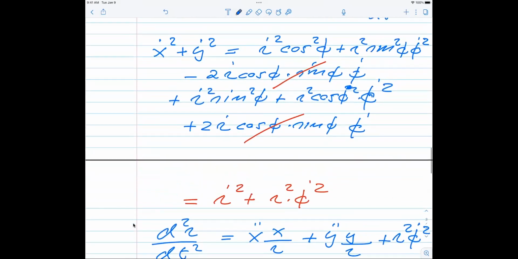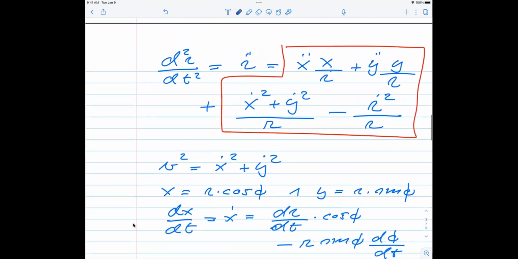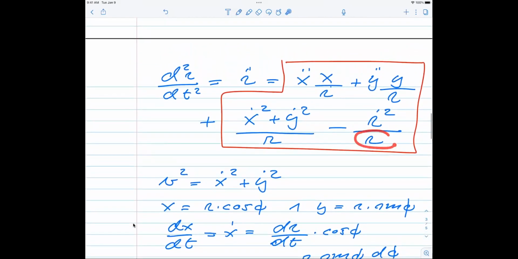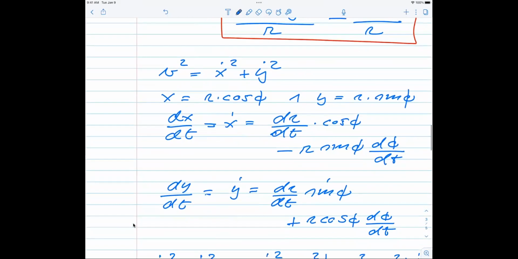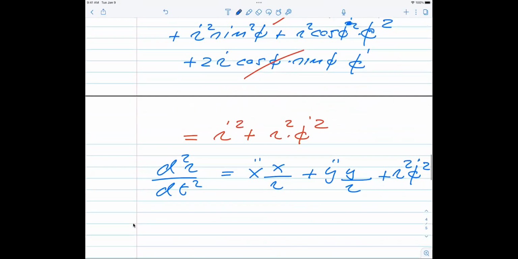There was an additional r here, so only the term which has an r survives.